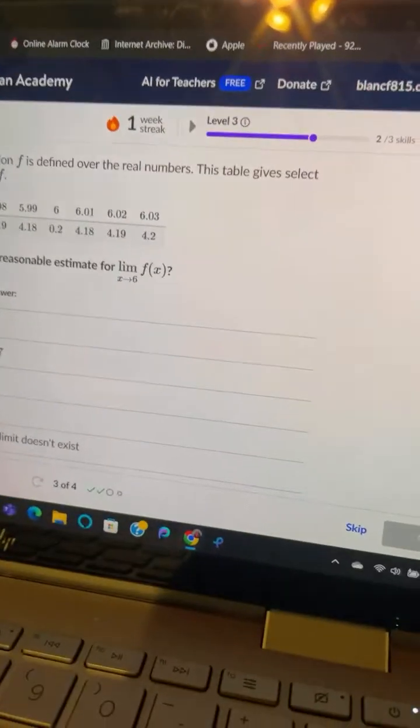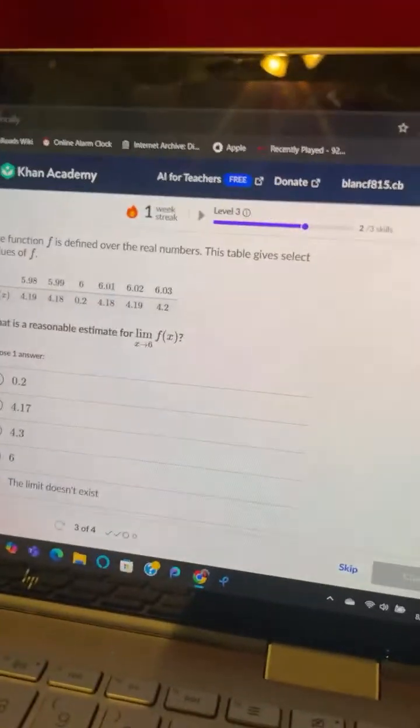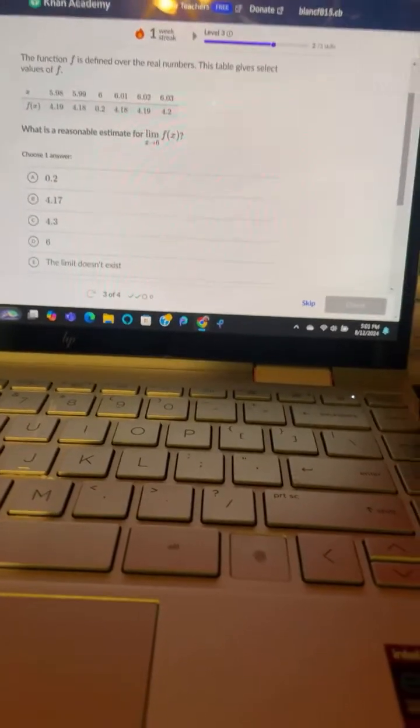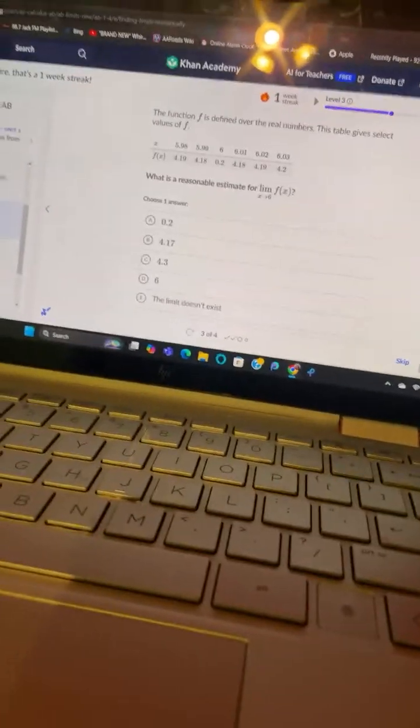Okay. All right. From the right side, it looks like it is approaching 4.2. Sorry, and from the right, it looks like it's approaching 0.